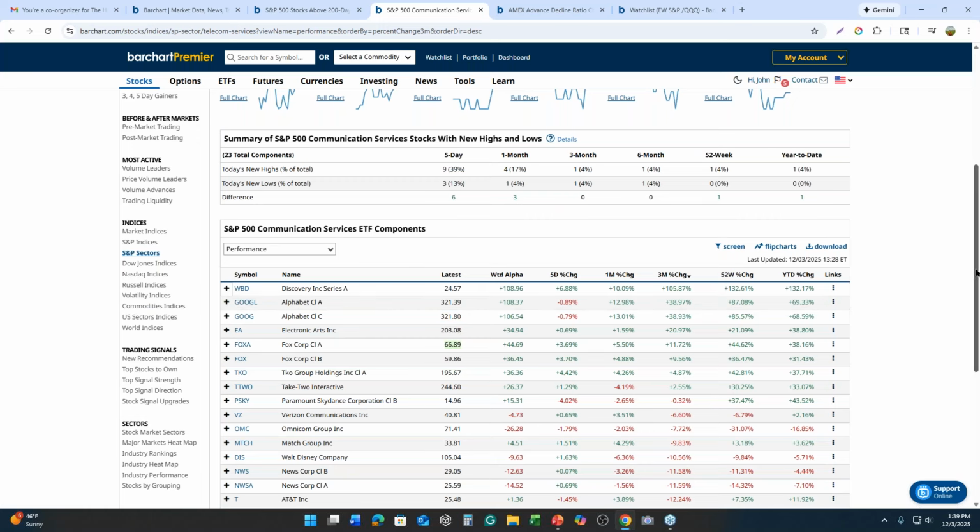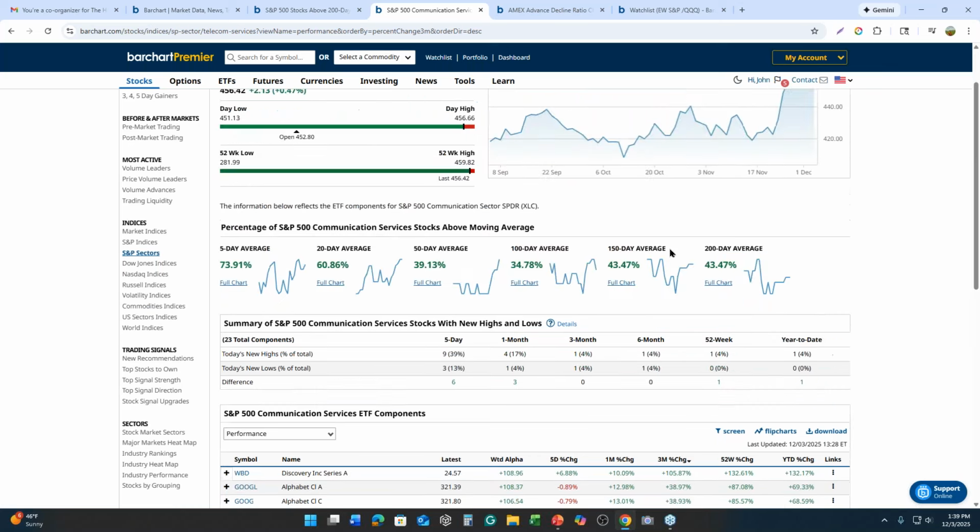And look at, again, look at our breadth at our intermediate, right? Below 40, down around 40.